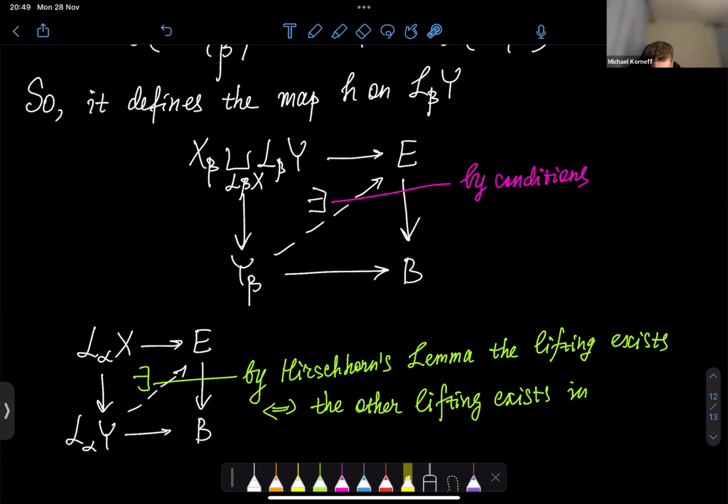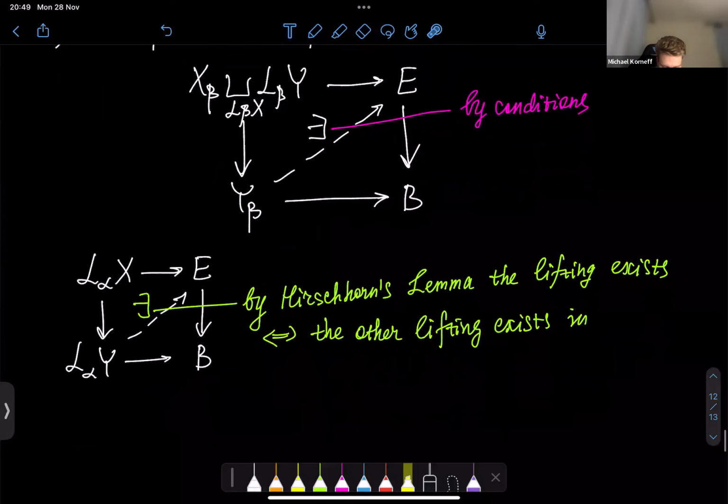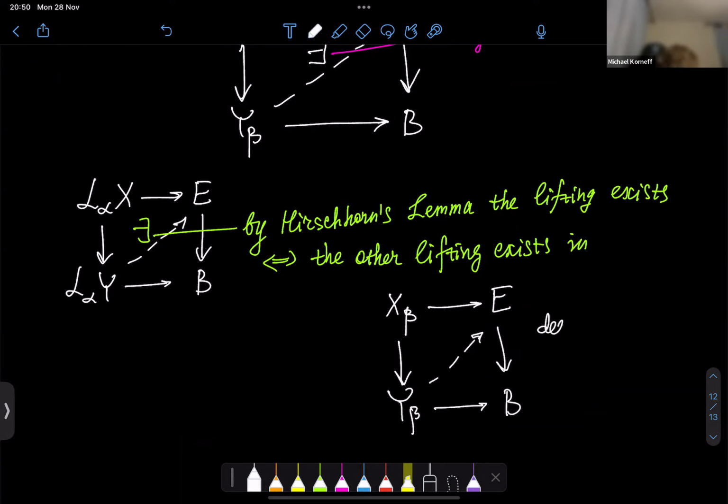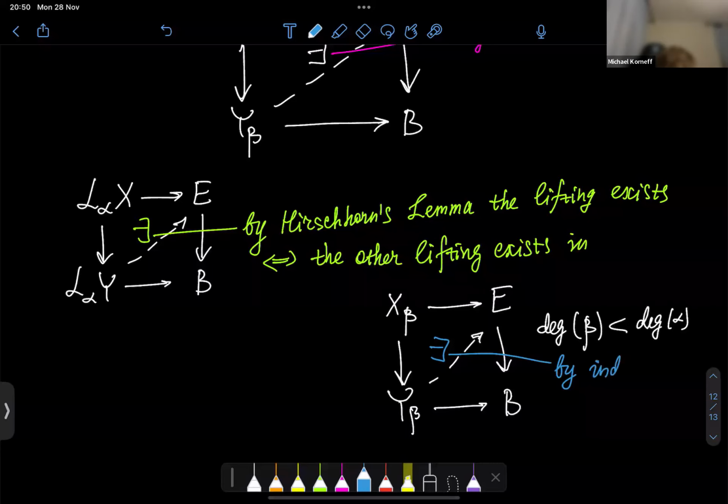We are in the case of Hirschhorn's lemma. So also we know that by induction we have a solution of the lifting problem for any beta with degree less than degree alpha, by the inductive hypothesis.